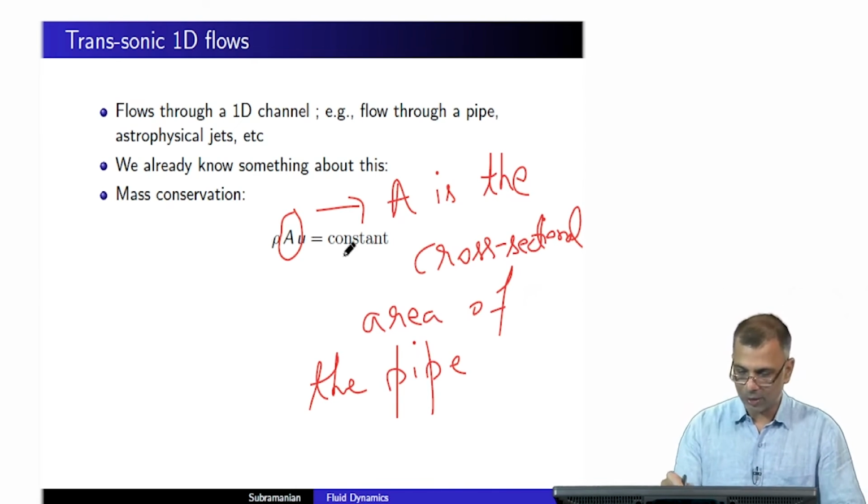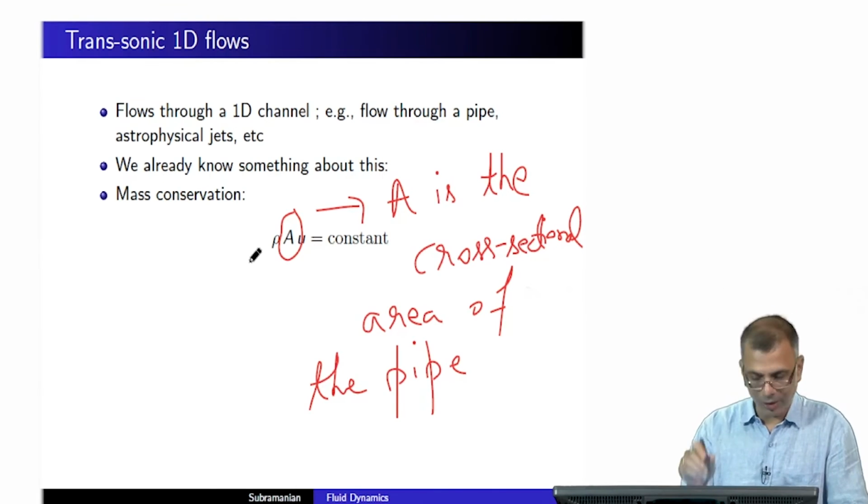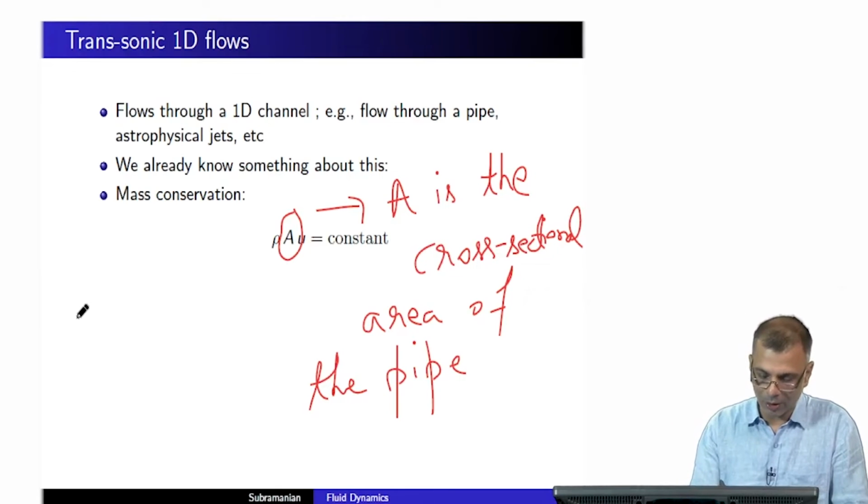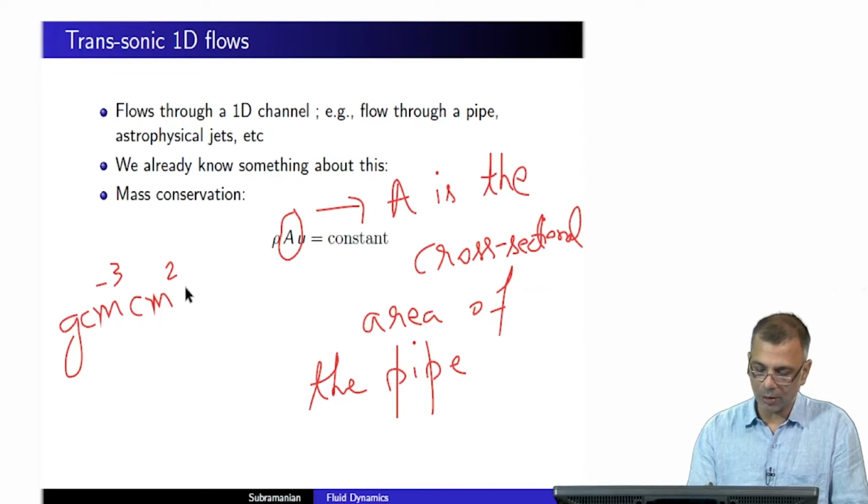And what exactly does this represent? Again, dimensional analysis: rho is something like grams per centimeter cubed, A is an area, therefore it's something like centimeter squared, and U is centimeter per second.